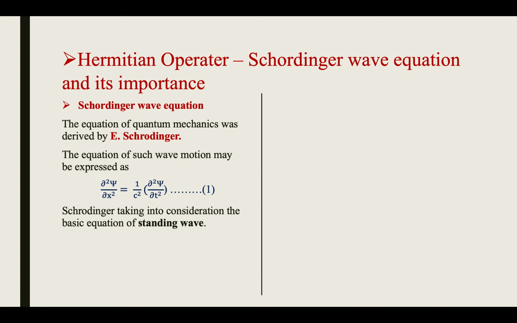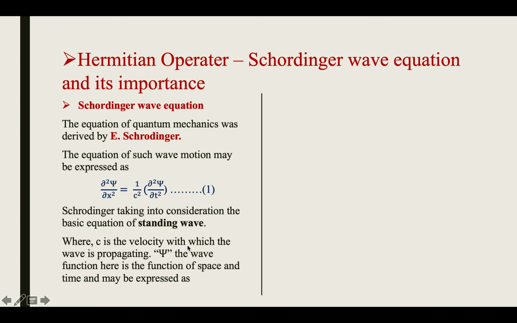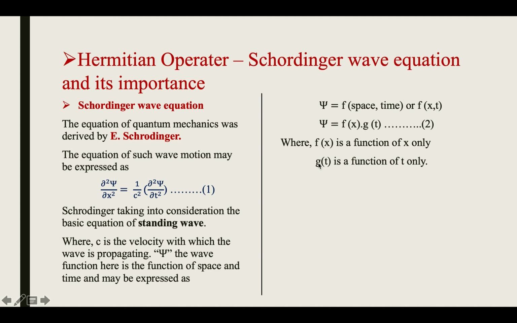Schrodinger took into consideration the basic equation of a standing wave, where c is the velocity with which the wave is propagating. Psi, the wave function here, is a function of space and time, and may be expressed as psi equals a function of space and time.